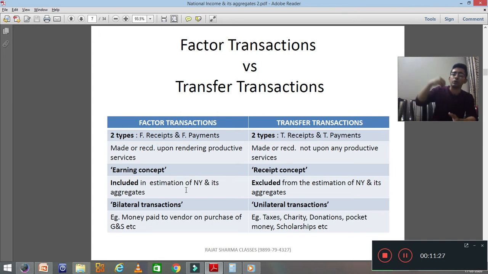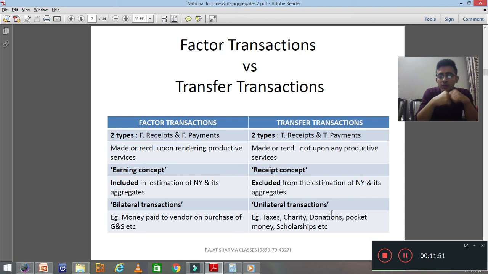If you receive a scholarship from the government, again, you have not earned it. Maybe you would say you have earned it, but you're not doing anything in return to the government, right? So whatever you have not earned, they are all transfer transactions, and we do not include transfer transactions in the process of estimation of national income.